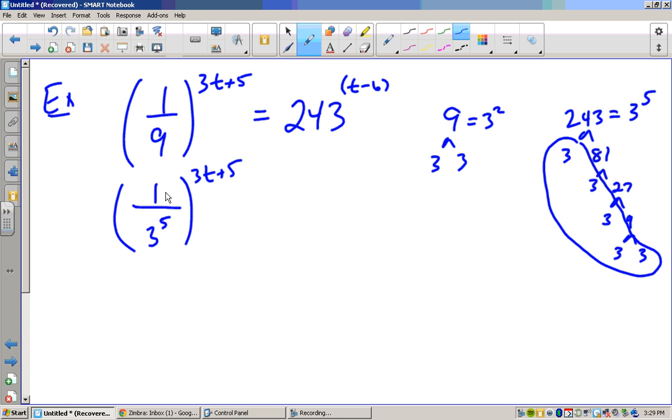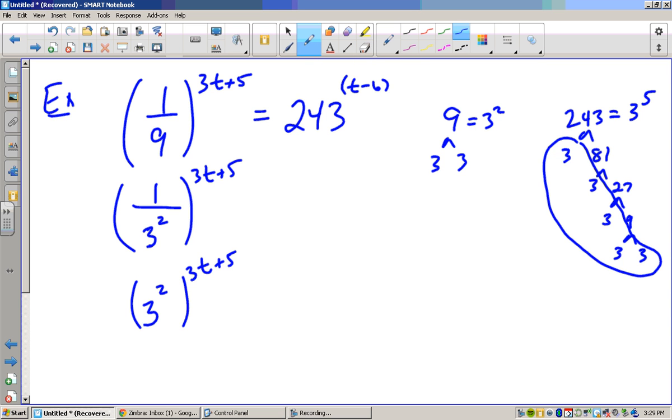So let's make it negative again so I can use this to my advantage. So this really is 3 to the negative 5th power, and then keep the exponent, 3t plus 5. I want to do that so I can get my base as 3. 1 over a base is not the same thing as a base of 3. Oh, this shouldn't be 3 to the negative 5th. I'm sorry, I messed it up. That should be 3 squared there.